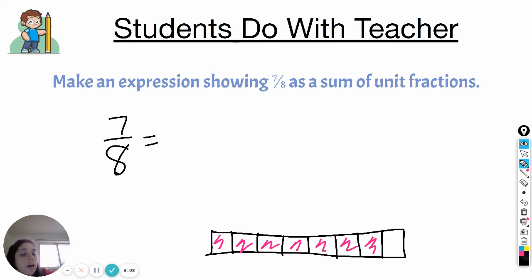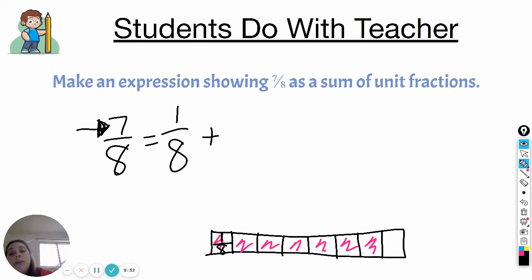Okay, so let's take a look. We know each of these pieces is worth 1 out of 8 because it's broken into 8 pieces. So all we need to do is add together 1/8, and we need to do it 7 times because our numerator is 7. So we have 7 pieces.